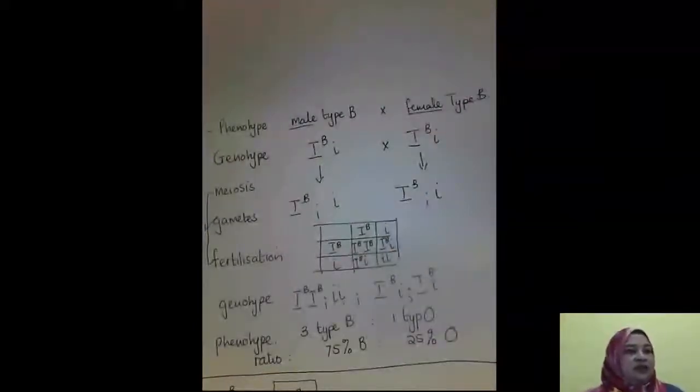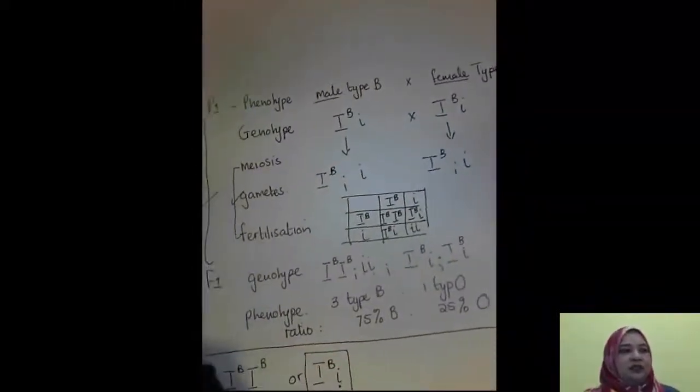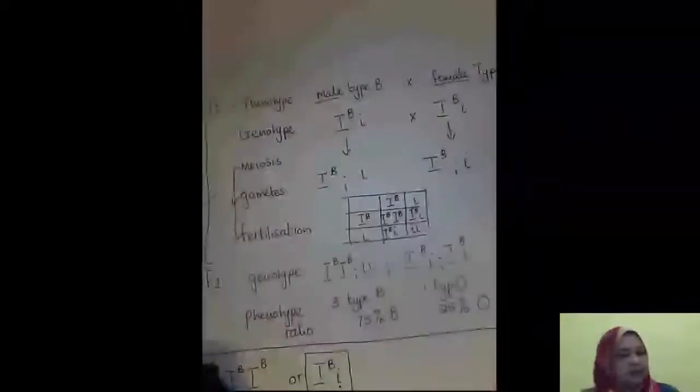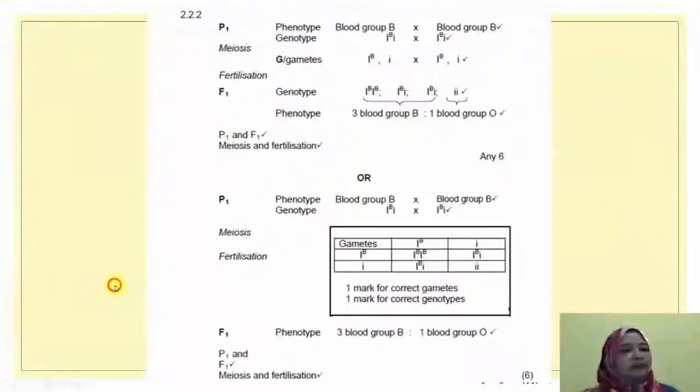Did everybody get this answer? Shall we carry on? So let's look at our memo. Okay, so they've shown you 2 ways, 3 blood B's to 1 blood O if both parents are heterozygous, and here's the one that I did with the Punnett square.